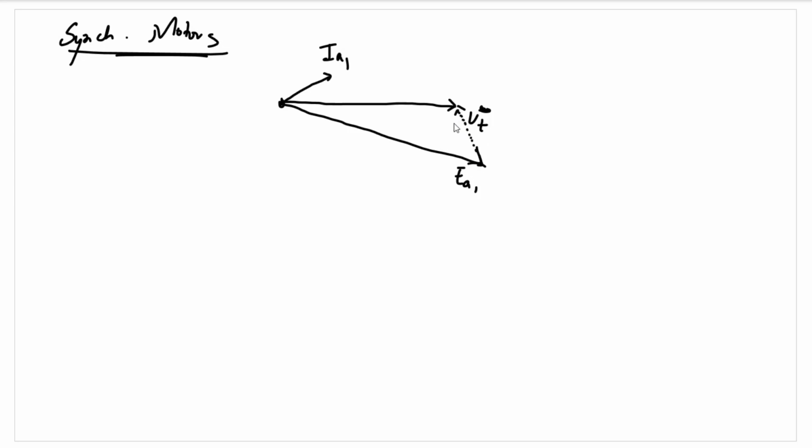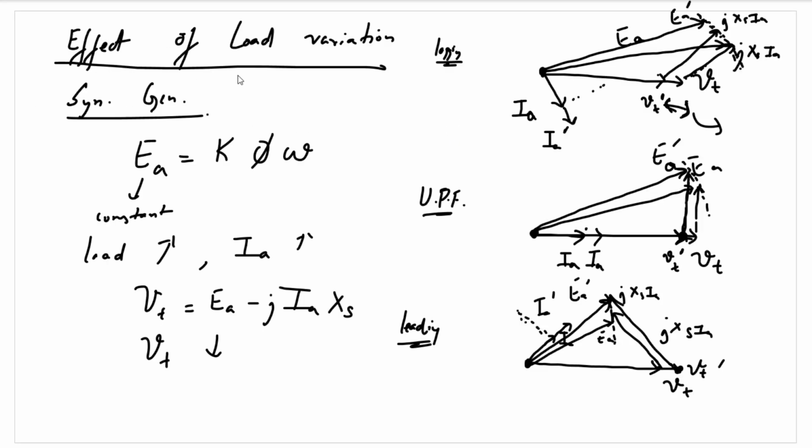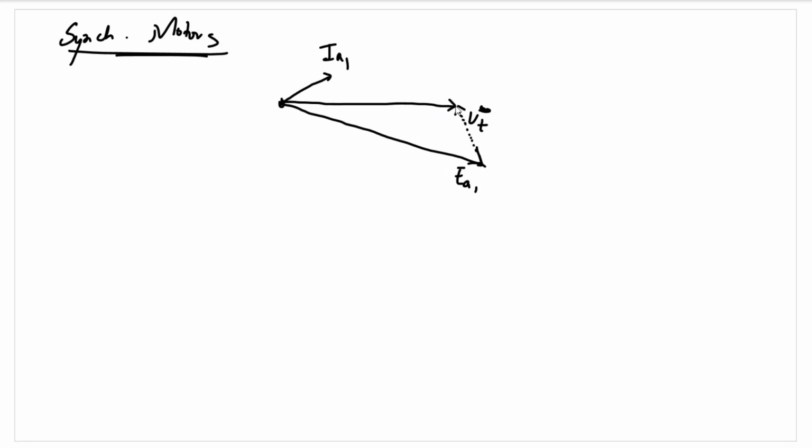Now, since this is a motor, in case of a synchronous generator the governing equation is Vt is Ea minus J times Ixs. But in case of synchronous motors, Vt is equal to Ea plus J times Ixs. So that's why J times Ixs is coming in this direction here. We are drawing it along this direction. So this will be Ea1 for this case.